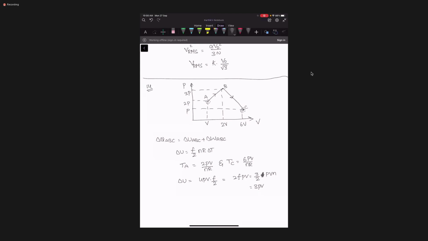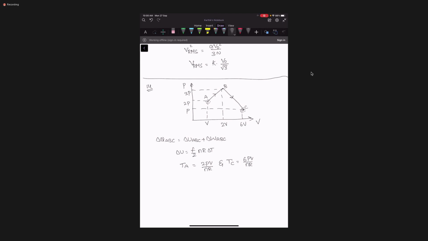I think it's wrong. So can we not use PV equals nRT directly? Because we know pressure and volume at 2 points, so temperature, that is what I have done now.